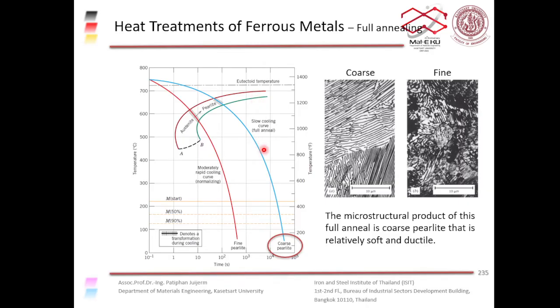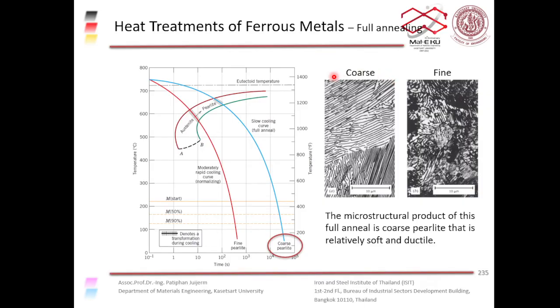And if you look at the slow cooling, which is the blue line, you can see that it will take longer time before the transformation starts, and then it will take even longer time before the transformation finishes, right? Because of this slow cooling process, you get a coarse pearlite microstructure, right?